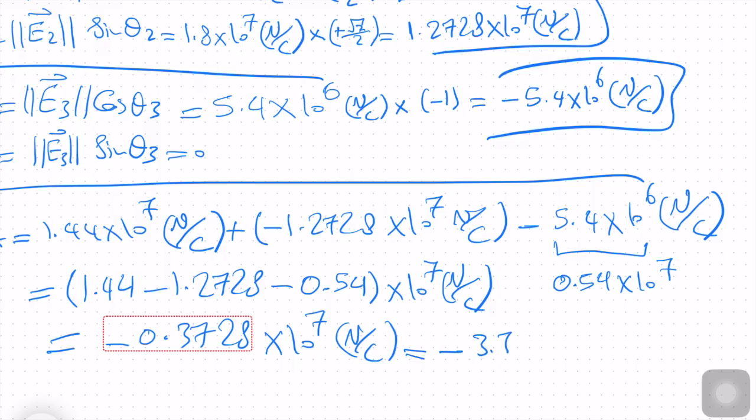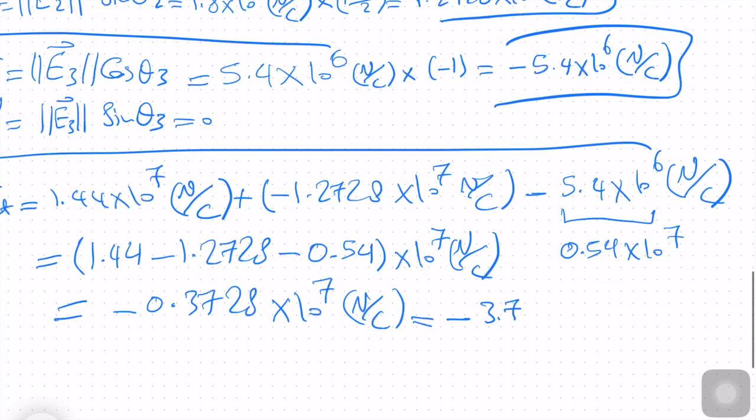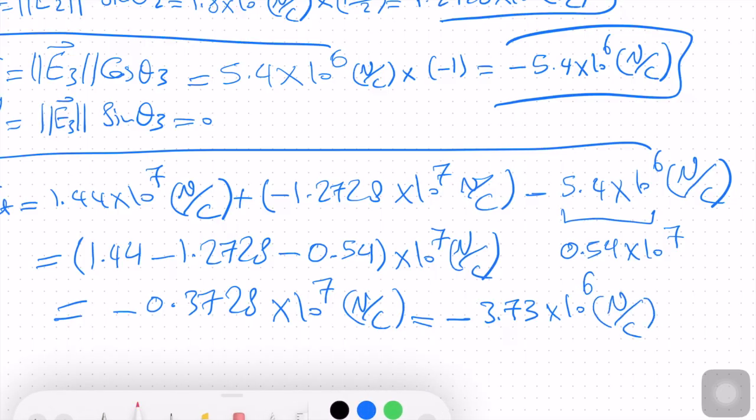So it's minus 3.7, and I'm going to round it here a little bit because I'm really close to my final answer. Minus 3.73 times 10 to 6 Newton per Coulomb.